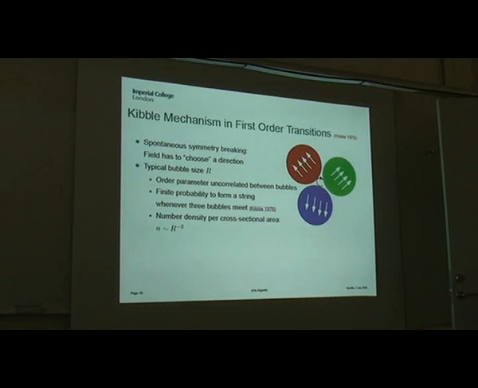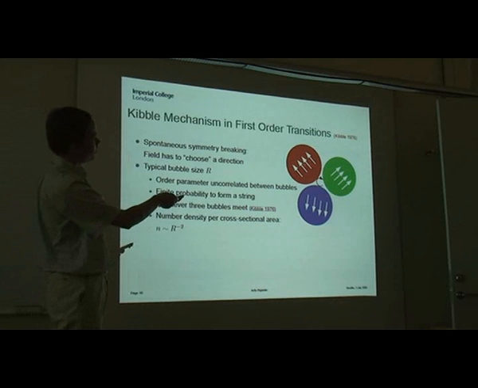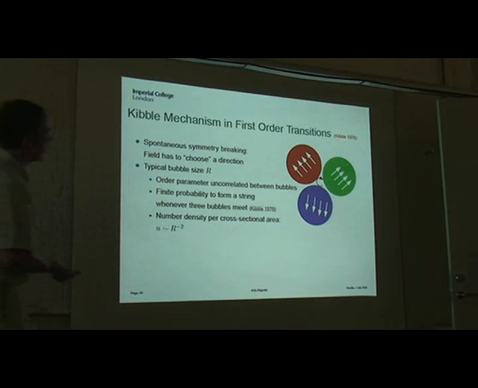However, because the bubbles can have made different choices of which vacuum to go to, for instance, if you get the collision of three bubbles like this in the U(1) theory, there is a probability of order 1 that when you interpolate from this bubble to this bubble to this, and this bubble to that, the phase angle changes by 2π.